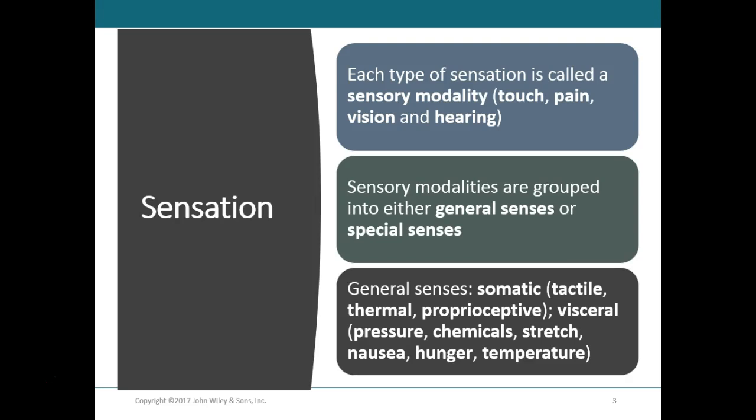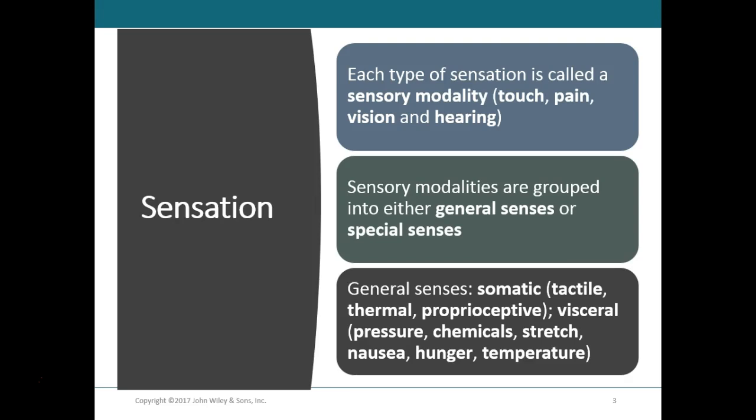Okay, so as we look at each of these, we'll divide these different sensory modalities into general or special senses. Special senses we'll cover quite a bit more in the next and final chapter of the nervous system. So the general senses are going to refer to both somatic senses and visceral senses. So remember, somatic means of the body.